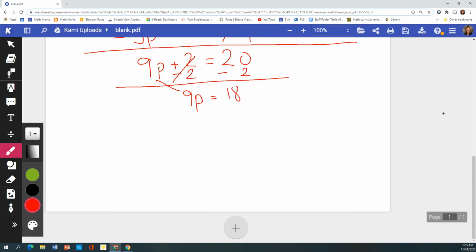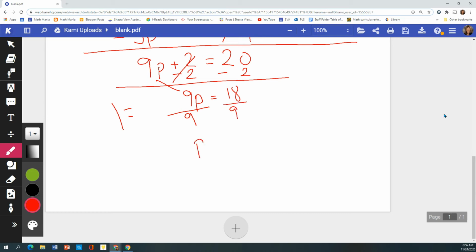Okay, so we still have to get rid of our 9 on this side because we have our coefficient here. So remember, this is multiplication, and to undo that, so I only have 1p on this side, I would need to divide it. And 9 over 9 is the same as 1. So what I do on this side, I need to do on this side.